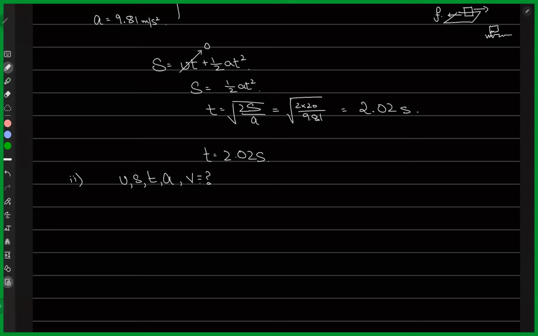When they say that it is just before it is about to hit the ground, that means it would have covered this displacement of 20 meters, right? And just as it covers this displacement of 20 meters, it will hit the ground. So we want the velocity at that instant, right?